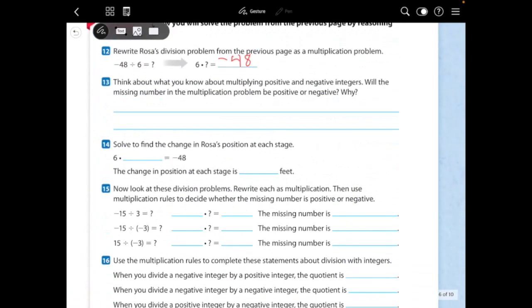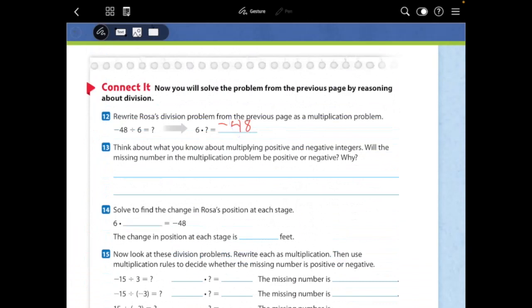Now let's continue on. You can see that we have a couple more questions that we need to ask ourselves. It says, now you will solve the problem from the previous page by reasoning about division. Rewrite Rosa's division problem from the previous page as a multiplication problem. Negative 48 divided by 6 is equal to something, and 6 times something is going to be equal to negative 48.